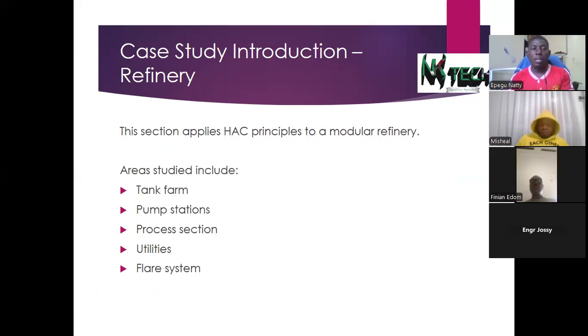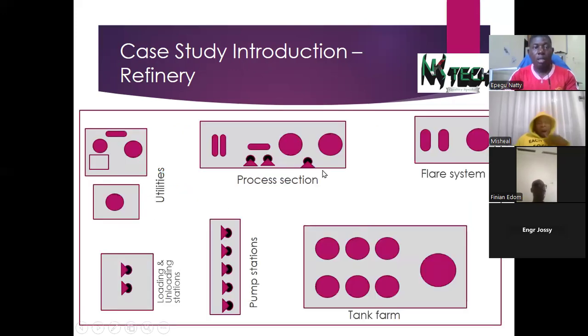So let's look at a case study. Okay, so let's use a case study. All right, so we are going to be using a refinery. So we use a refinery, and this is like a small overview of a refinery, okay?